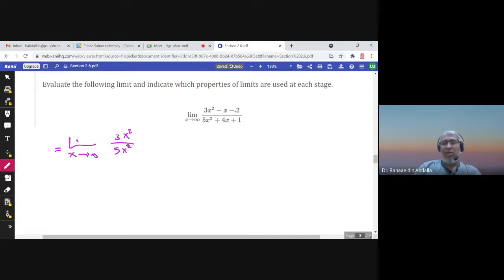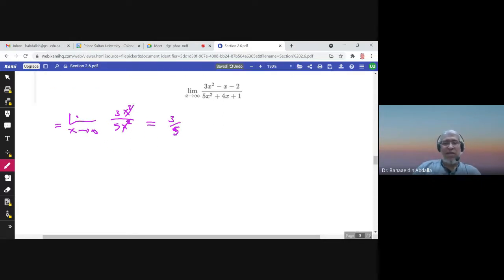All the other powers are not really important compared to the highest power, because when x goes to infinity, x squared dominates everything here. So you don't look at x or 2 when you have x squared in the numerator and also x squared in the denominator. Immediately this limit would be equal to this limit, and now you can cancel x squared with x squared, and the answer would be 3 over 5.